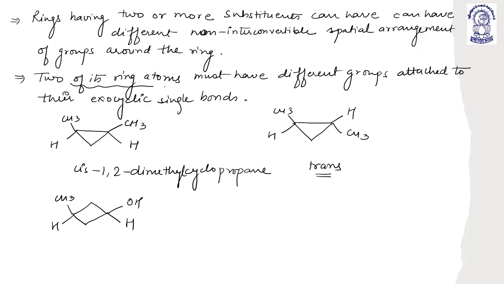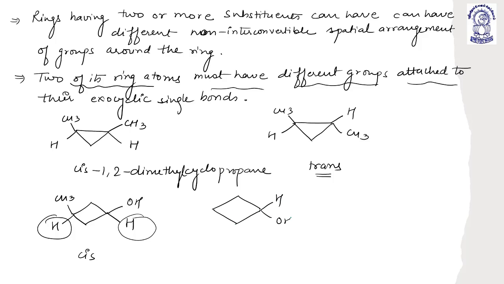Two of its ring atoms must have different groups attached to their exocyclic single bonds. This is cis. Okay. This is trans.